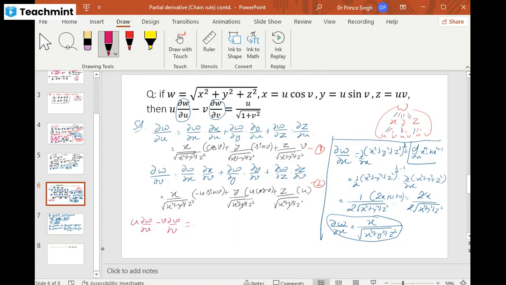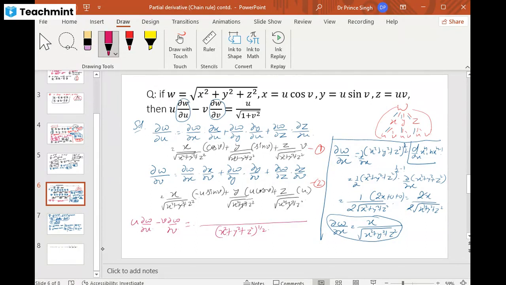if I multiply it with u, then this is u cos v, this is minus uv sin v. Okay, so this whole (x² + y² + z²) to the power 1/2 is the LCM.